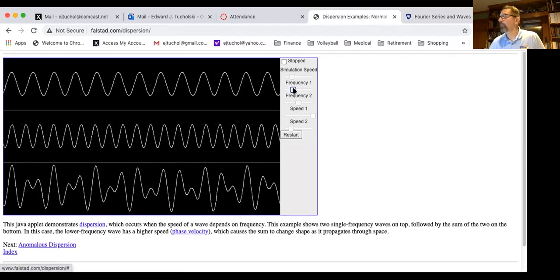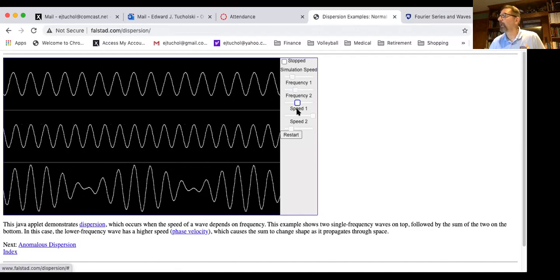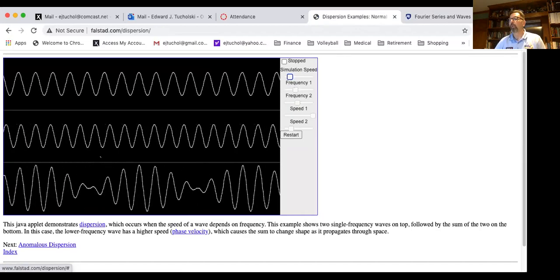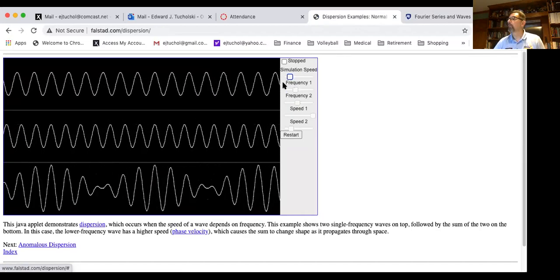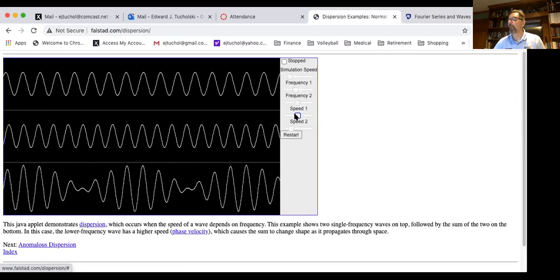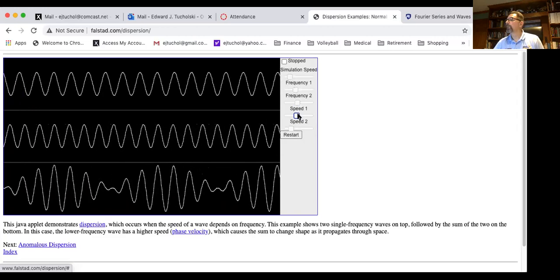take the frequency of just two waves, like I was just looking at, and let's slow down the simulation so you can see it. Hopefully you see I've just added two waves of slightly different frequency. Let's slow them down a little bit, and you can see I get these packets. Speed it up a little bit.